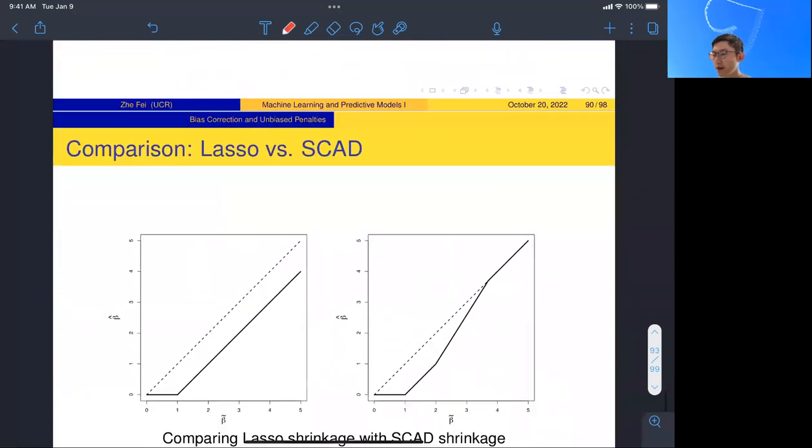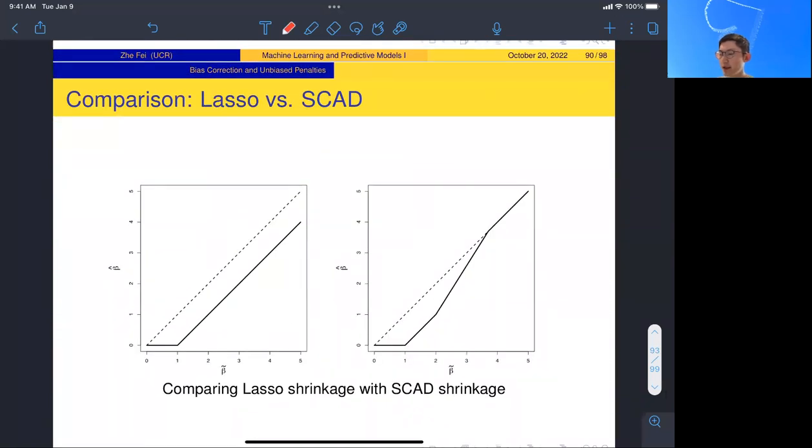So what we observe here, similarly as before, for lasso on the left, there is a bias term even as the true beta is increasing. But for SCAD, on the right, it's the SCAD beta hat estimate.